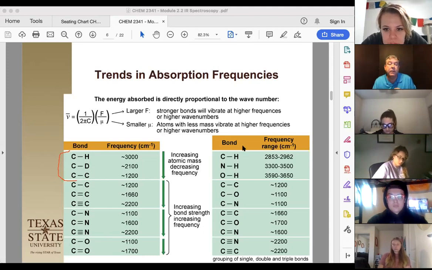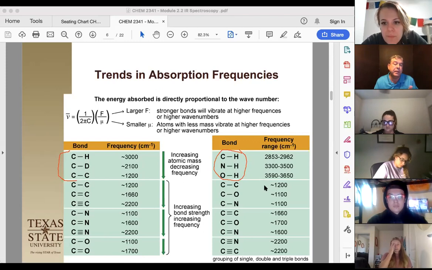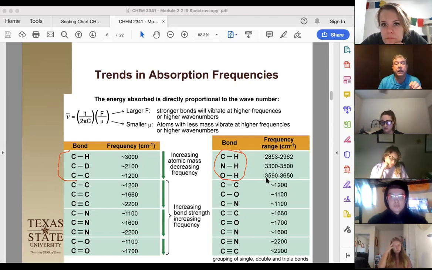Now let's look at some other common things we have. All of the ones with hydrogen on it right here are in these high frequencies. Notice all these ones with hydrogen are almost like 2800, maybe 2900 to 4000. So that's where you should see all of your hydrogens on systems.